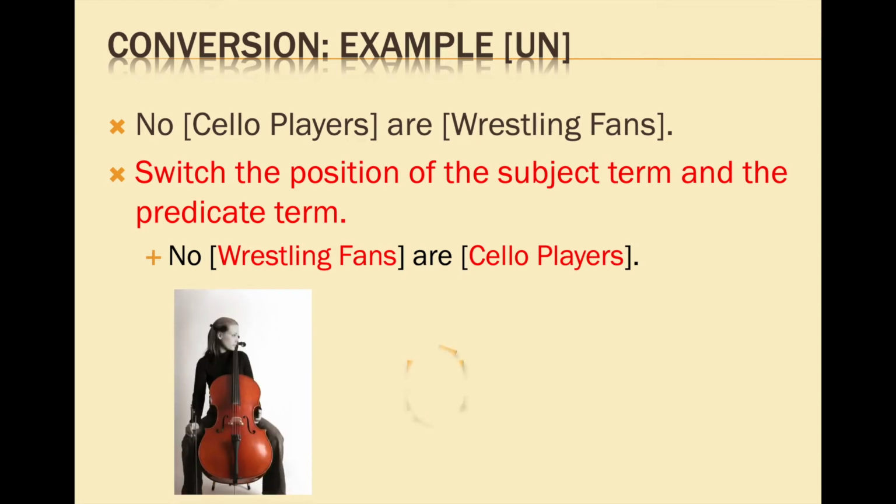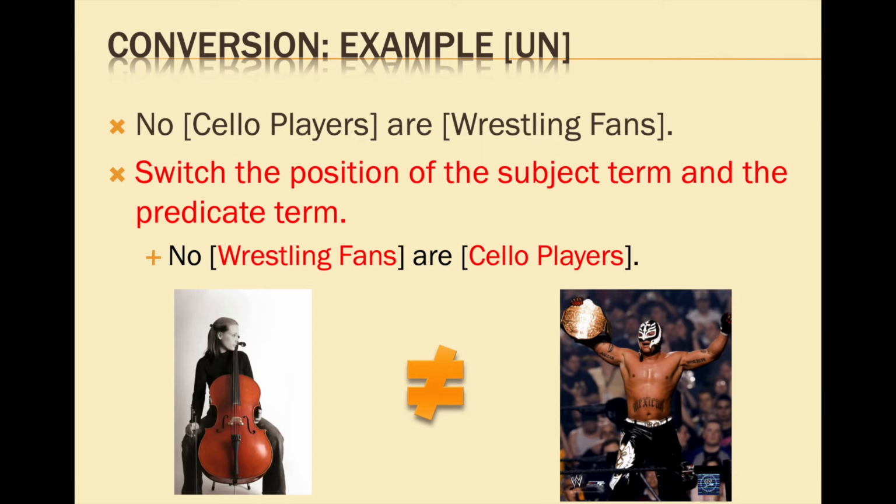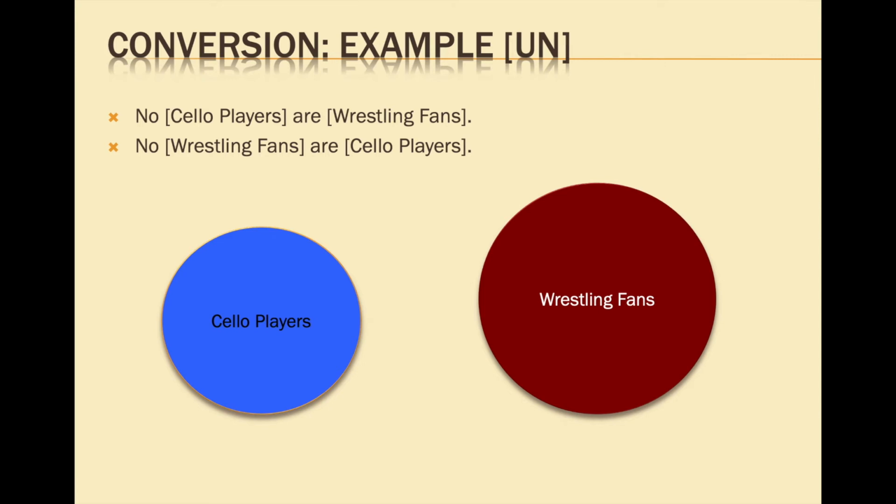So we say no cello players are wrestling fans, and we can then convert the statement and say no wrestling fans are cello players. And then here we can see it in the Venn diagram. The Venn diagram would not change with either of these universal negative statements, even after you've converted the statement.